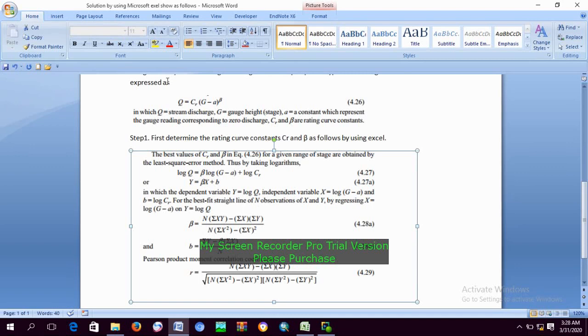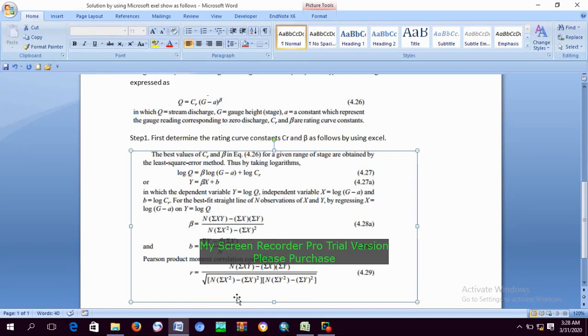In order to determine how well stage and discharge are correlated, we can use R, the correlation coefficient, the product moment correlation coefficient. R can be determined by using this formula.